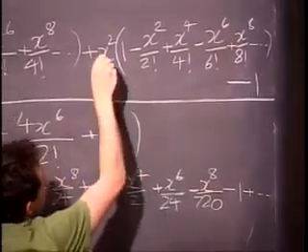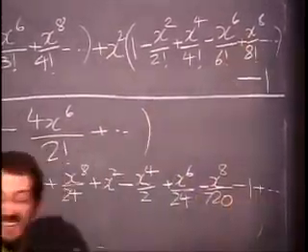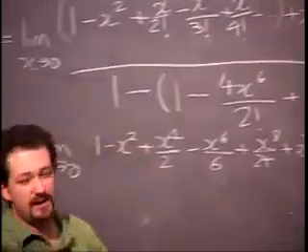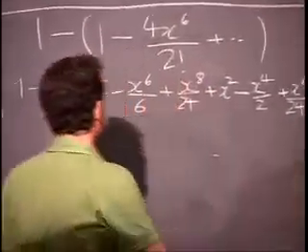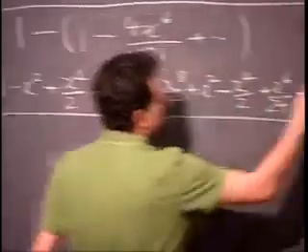Notice that when I multiply the x squared by the x to the 8th, I actually get x to the 10th. So I'm not even going to bother writing it. It's going to be absorbed in the dot, dot, dot at the end. So these are all the terms up to x to the 8th.